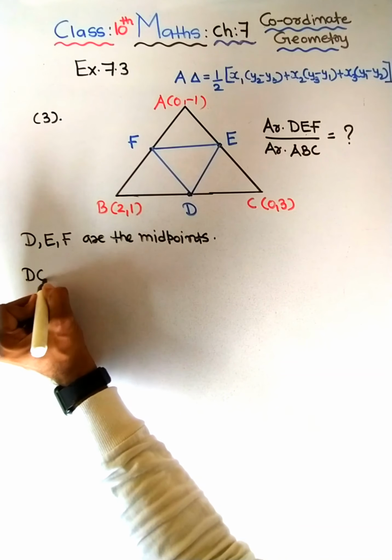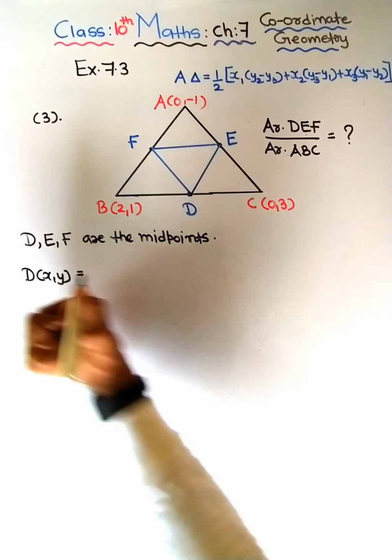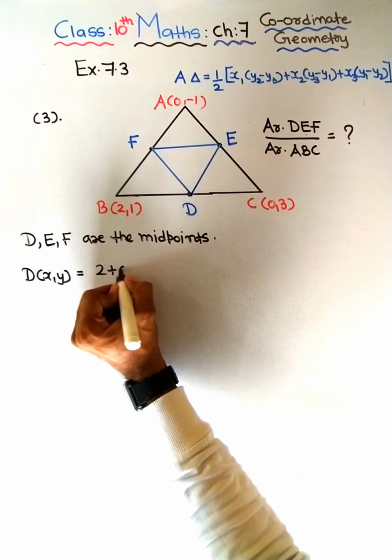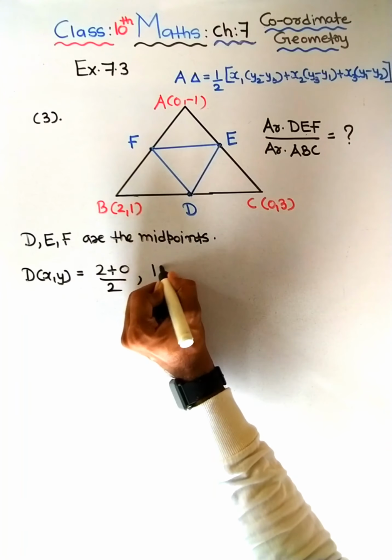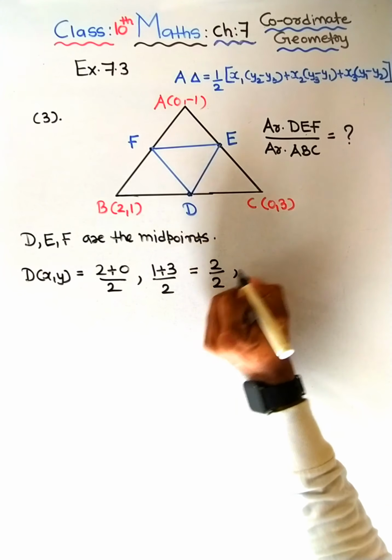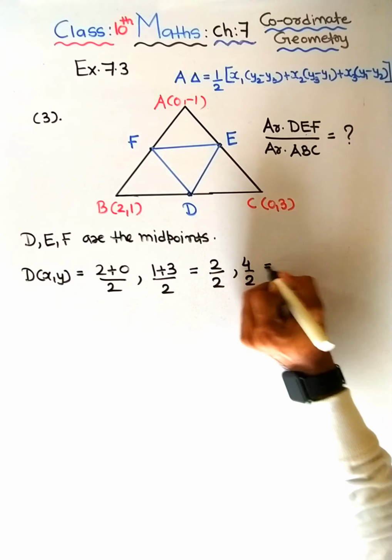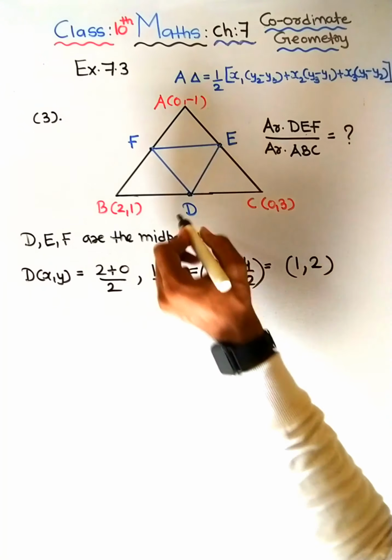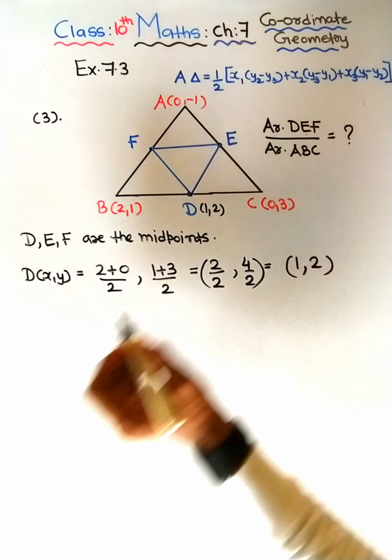So let us see what is D. D is the midpoint of BC. That means 2 plus 0 by 2, 1 plus 3 by 2. That is 2 upon 2 and 4 upon 2. So coordinates are 1, 2.